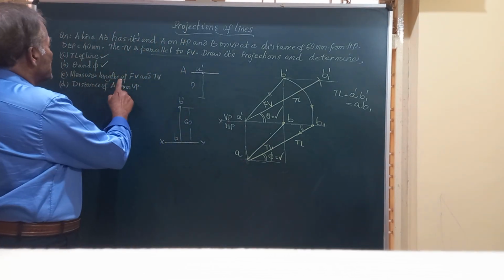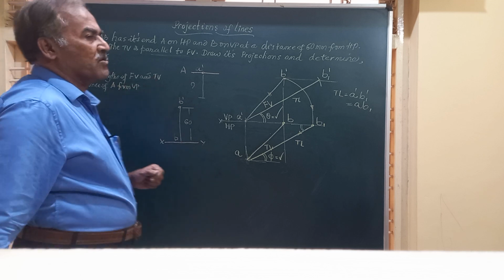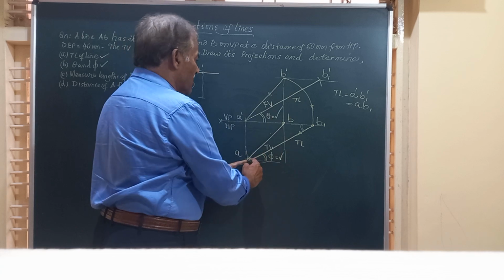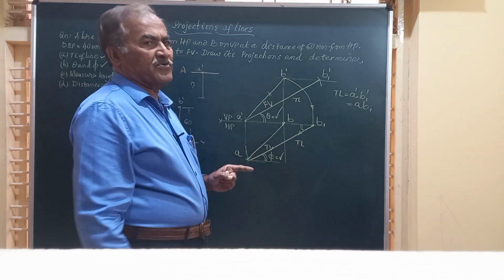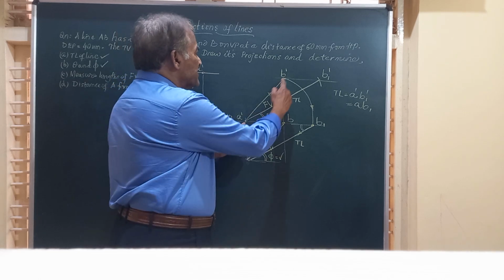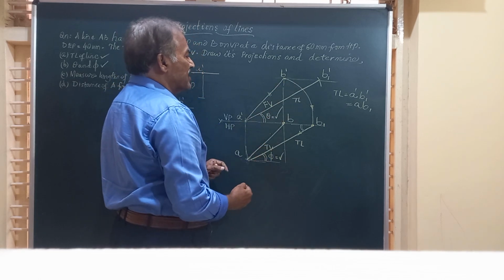It says measure length of front view and top view. It is asking you what is the length of this front view, what is the length of this top view. Friends, you can just keep a scale between A dash and B dash and find out the length.